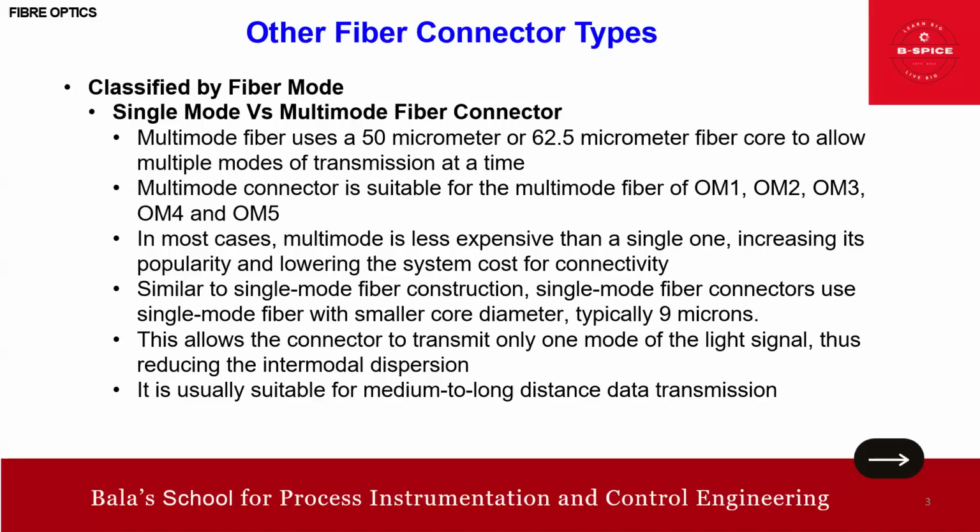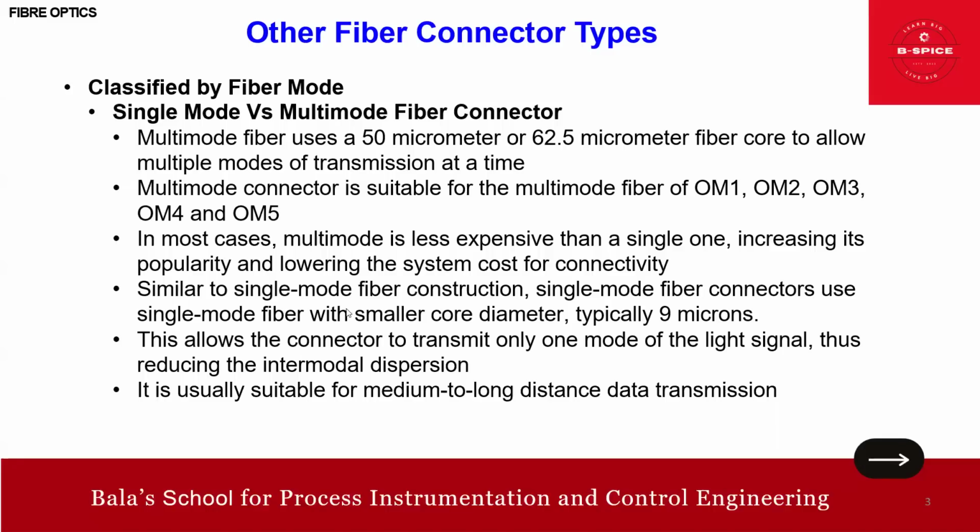I'm not sure whether you got it. See here, we are talking about multimode fiber, which uses 50 micrometer or 62.5 micrometer core. This multimode connector is suitable for all these multimode fibers, OM1 to OM5. In most cases, multimode is less expensive than single mode.